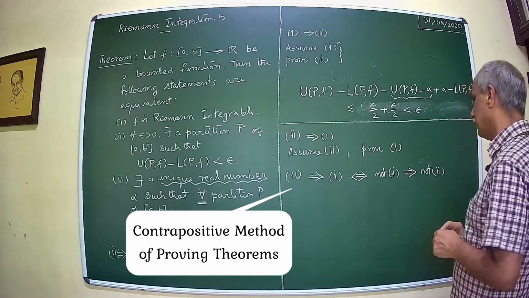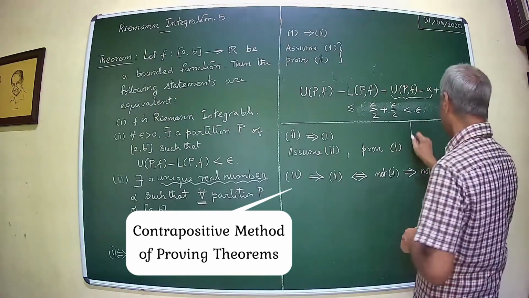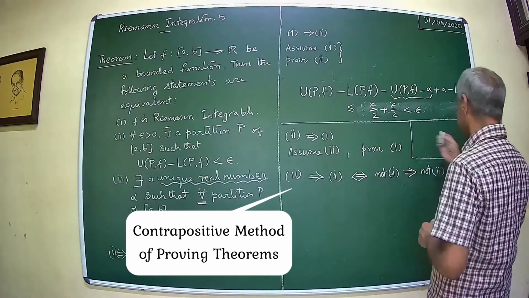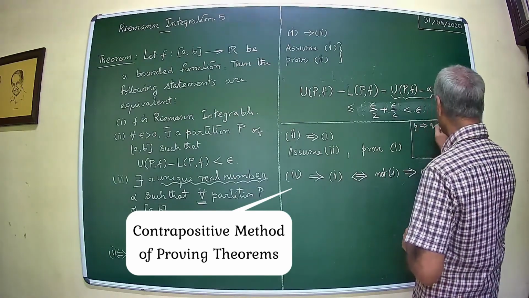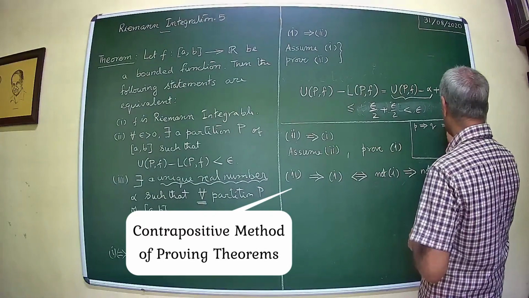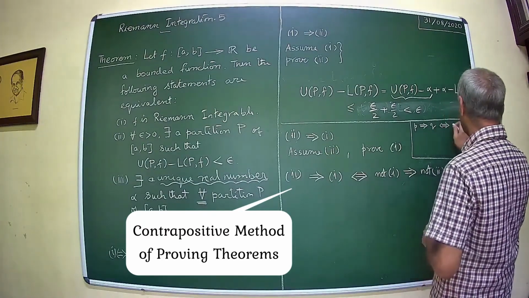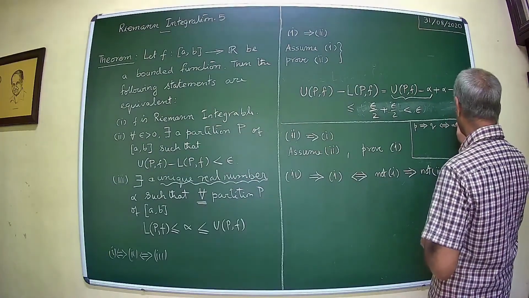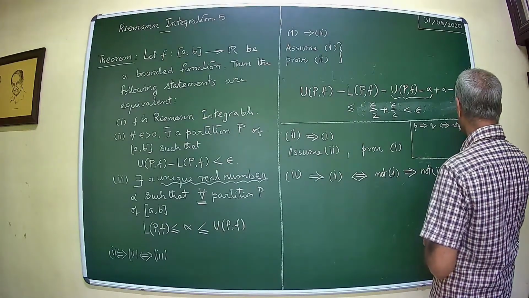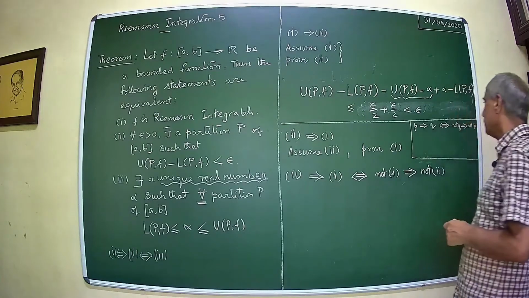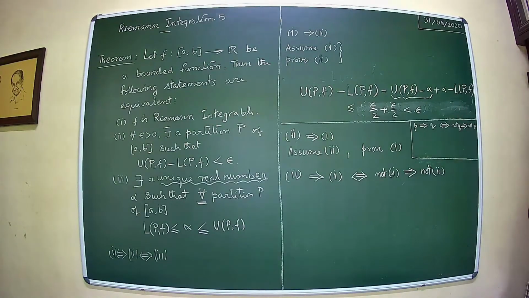Why does it happen? If you want to be familiar with it: P implies Q if and only if not Q implies not P. How does that come? Let us see.